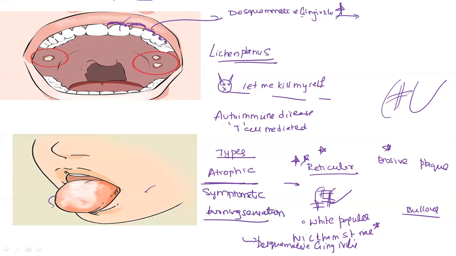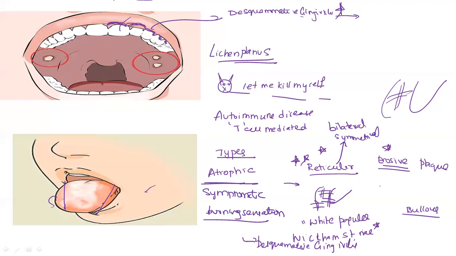Okay, and let me tell you another thing about the reticular form is the lesions are bilateral and symmetrical. So if you see bilateral and symmetrical lesions, then it can come under reticular type of lichen planus. Now we have erosive type or ulcerative type.